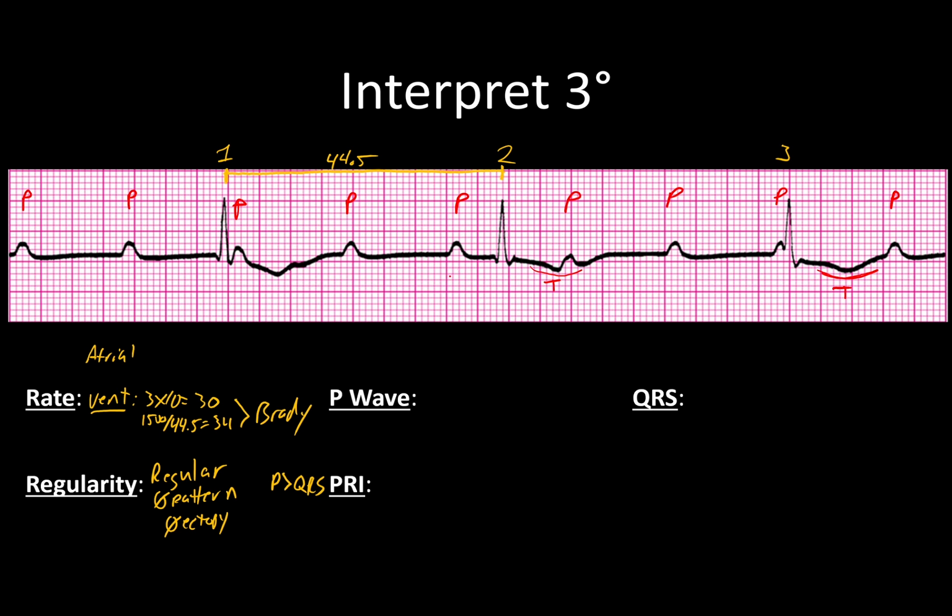So if I measure from start of P to start of P across here, that is right at 17. And if I measure back again, sure as heck, that comes out to 17 as well.